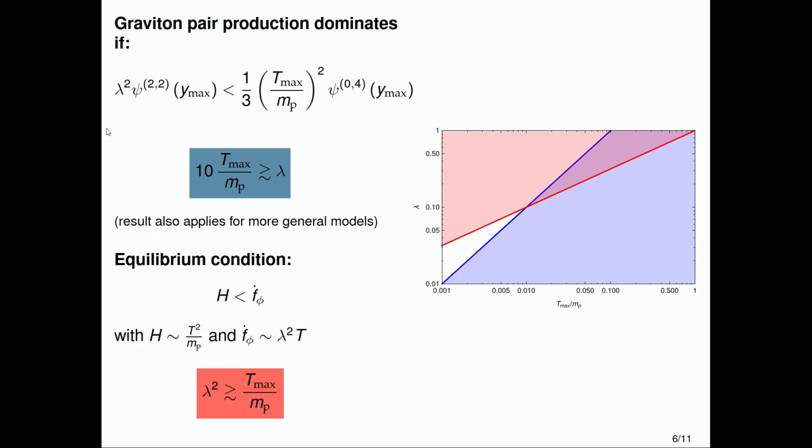Your heat bath always has to be in thermal equilibrium, and this is possible when Hubble is smaller than the production rate of the phis, and this leads to lambda squared larger than T max over m Planck. So you see the red region is here, and the blue region is here, and they overlap here. In this regime, graviton pair production processes dominate, and in this regime, single graviton production processes dominate.